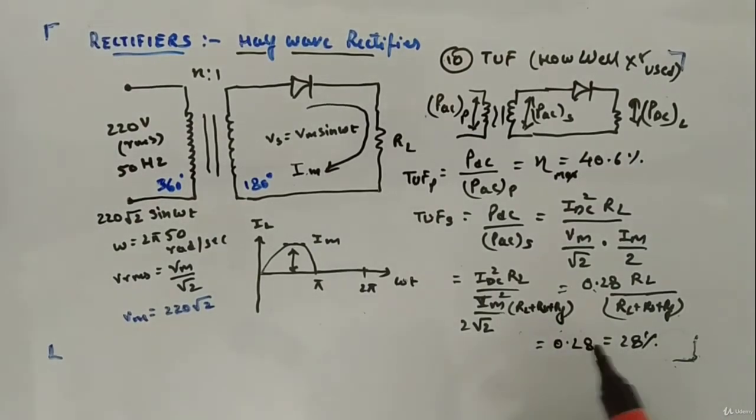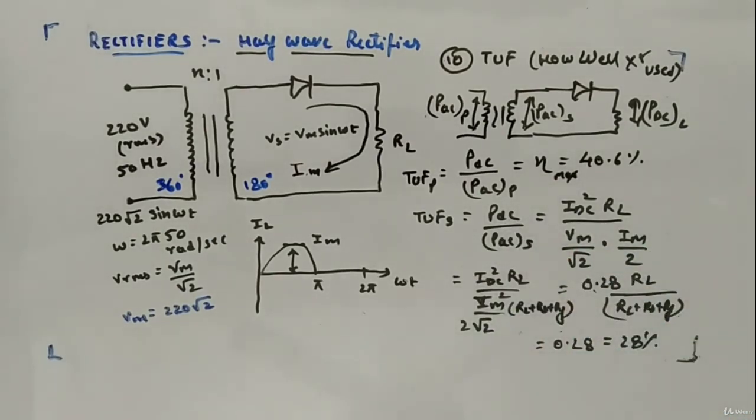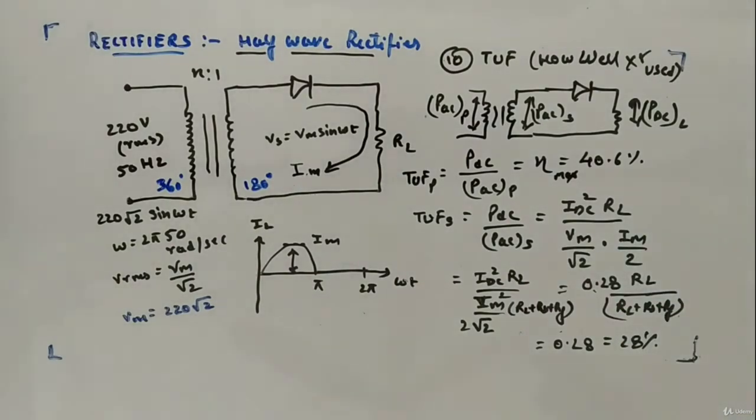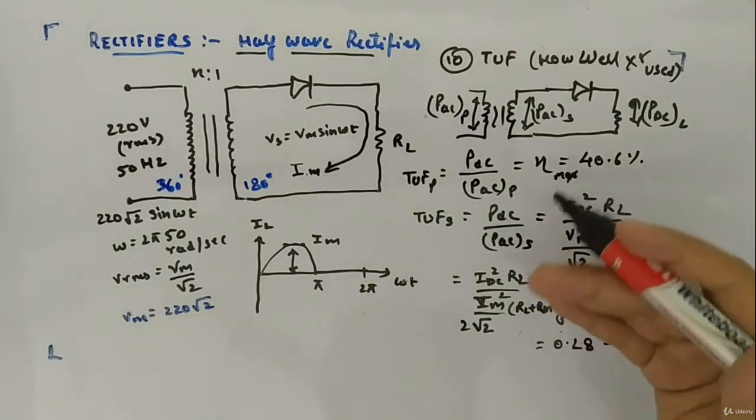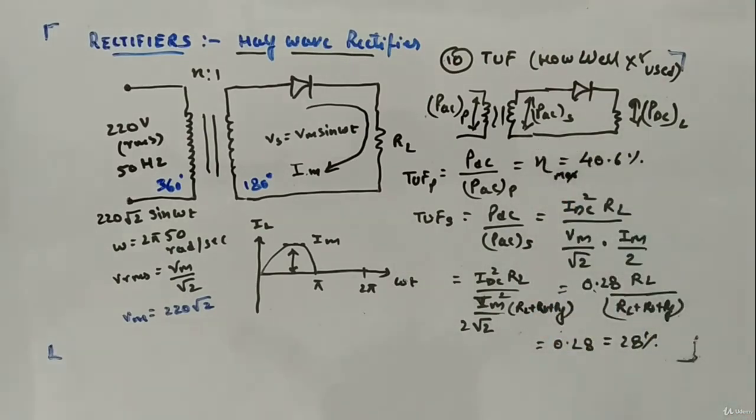Okay, means only 28% of the transformer is utilized. 28% is the utilization of the transformer, you can say on the secondary side.